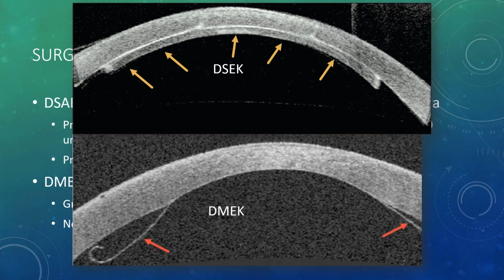This is a DMEK, and now I've purposely shown you a DMEK that has a small detachment of the Descemet's membrane, and it's a little bit rolled up here, and you can see that. But I wanted to show you that so you can see just the difference in thickness.